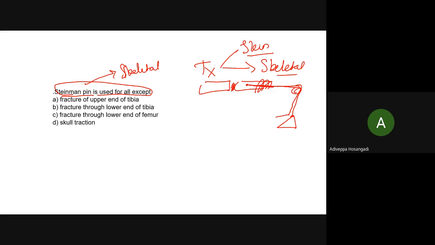So you can put more weight. Skin traction can tolerate up to 4 kgs weight. Skeletal up to 10% of the body weight. Suppose the patient is about 80 kgs, you can put up to 8 kgs. So when you require heavy traction, heavy weight to pull the fracture ends, you use skeletal traction.